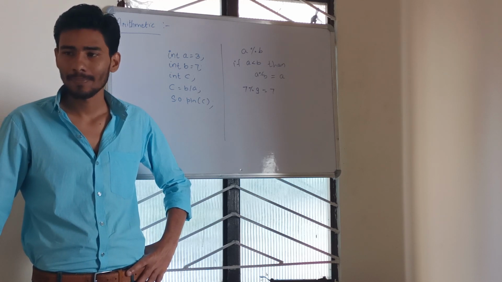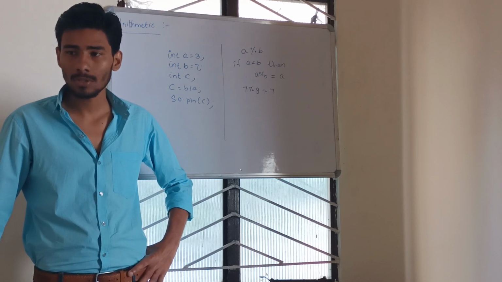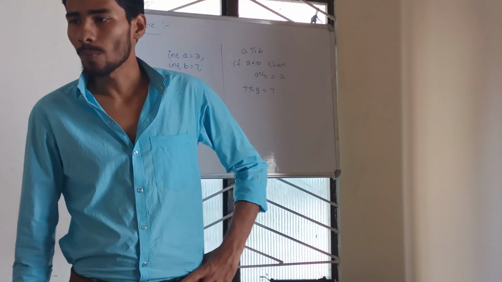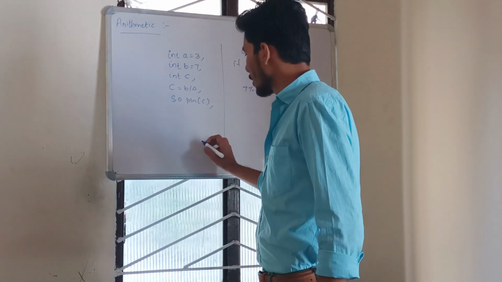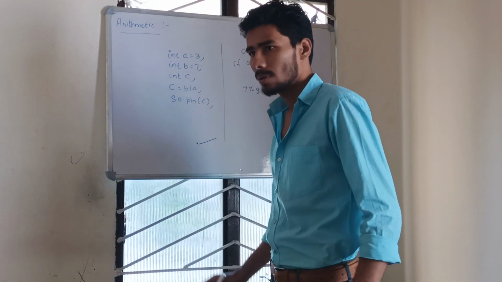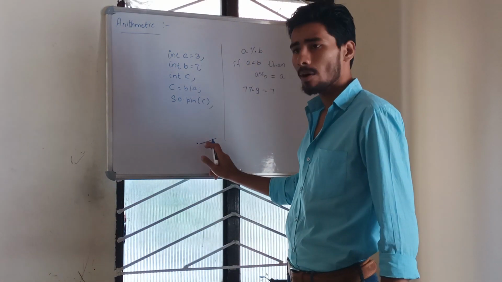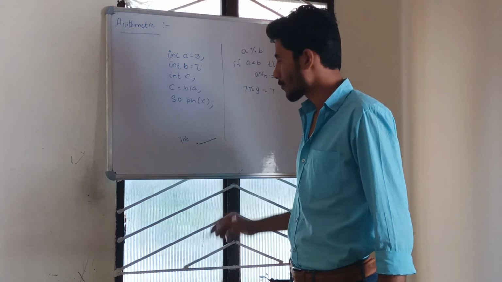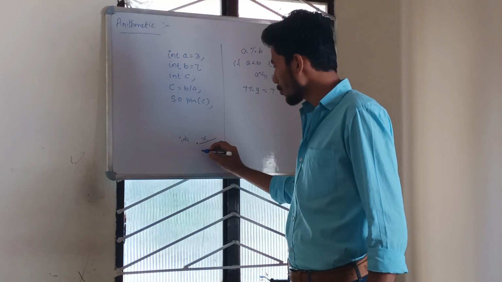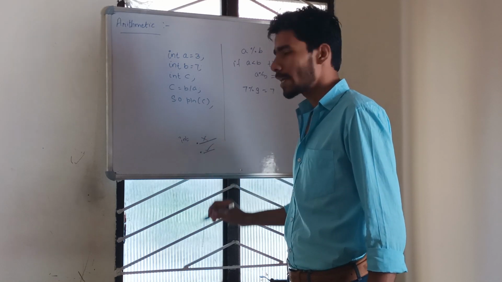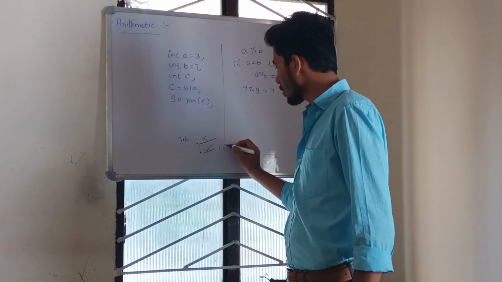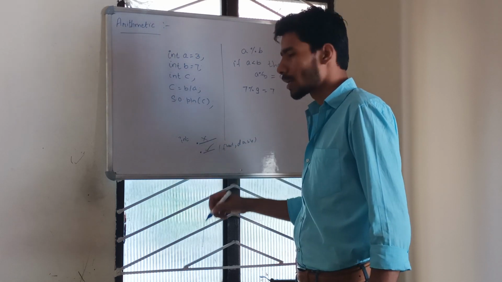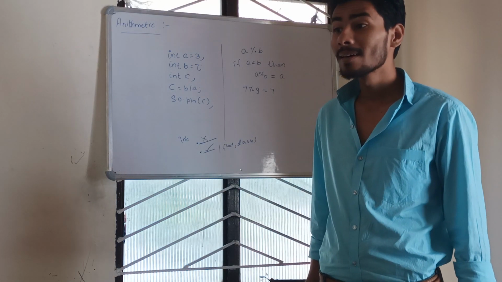Any doubt? When will we use int and float? We use int when we don't require decimal values. If we don't require decimals as our output, we go for int. But if we require them, we have two options: either float or double.